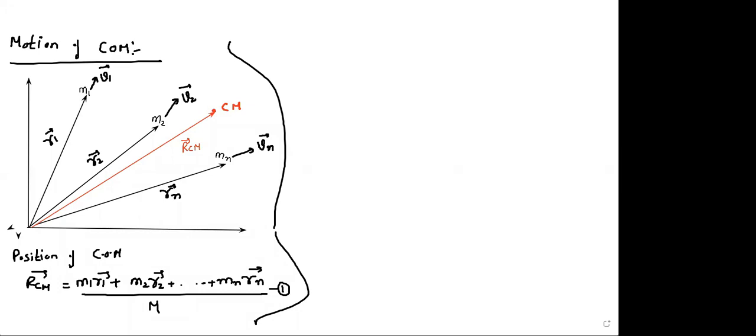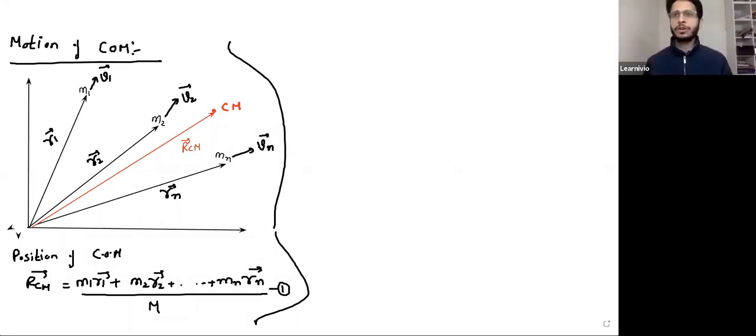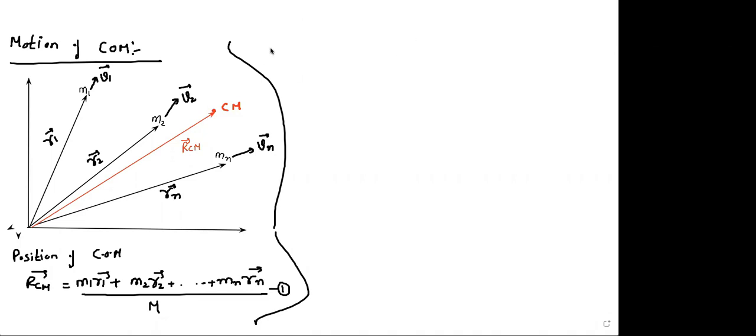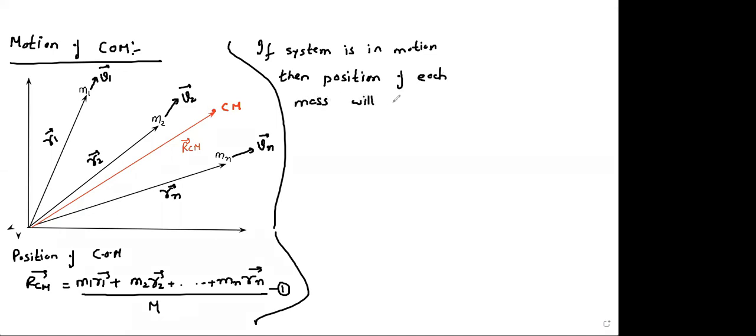Now, if this particle is in motion, then the position of center of mass will change continuously. If particle is in motion, or if system is in motion, then position of each mass will change.